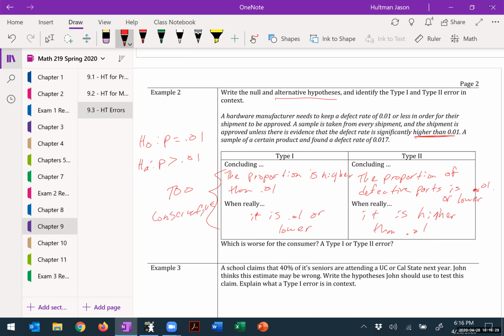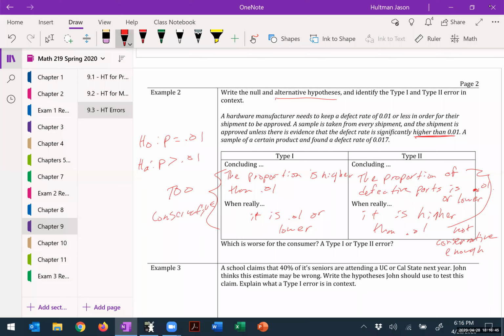And this is not conservative enough. We're letting stuff through that shouldn't get through.